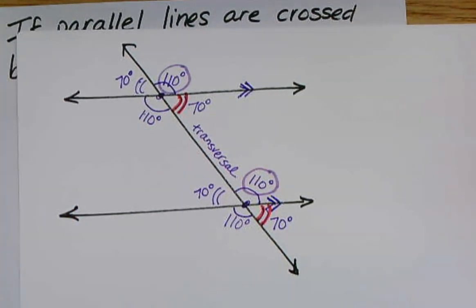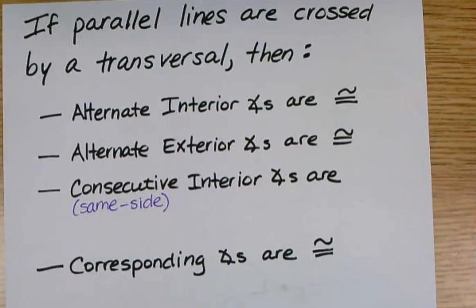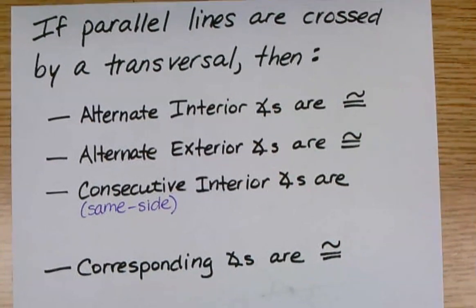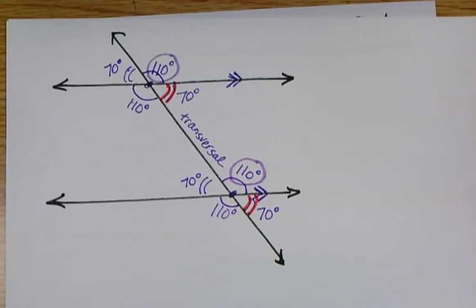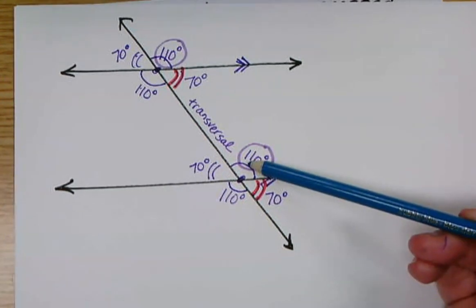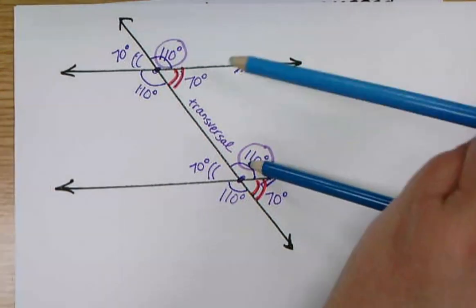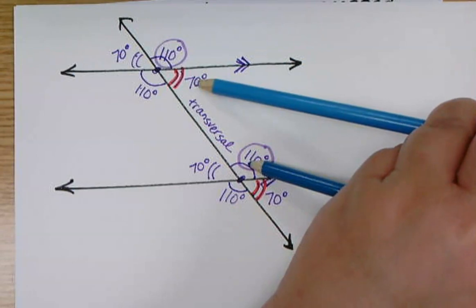So let's go back and look at consecutive interior or same side interior angles. They're the ones that are a little bit tricky. They're a little bit different, and so they can be harder to remember. Consecutive interior angles are like this one right here, and let's come over here, this one right here. They're on the same side of the transversal.